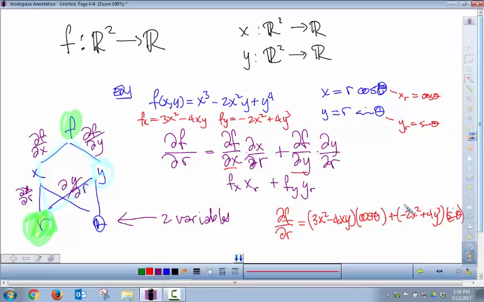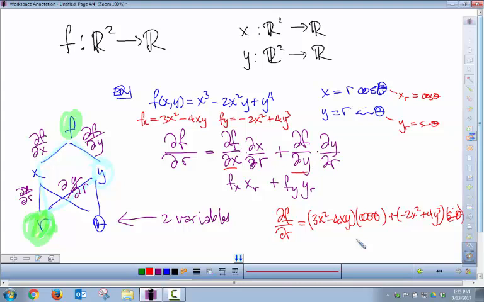In a more realistic or applied situation, you would most likely be evaluating this at a specific point, in which case it might actually be a little bit easier to deal with, because you're going to get values here instead of horrible looking expressions.